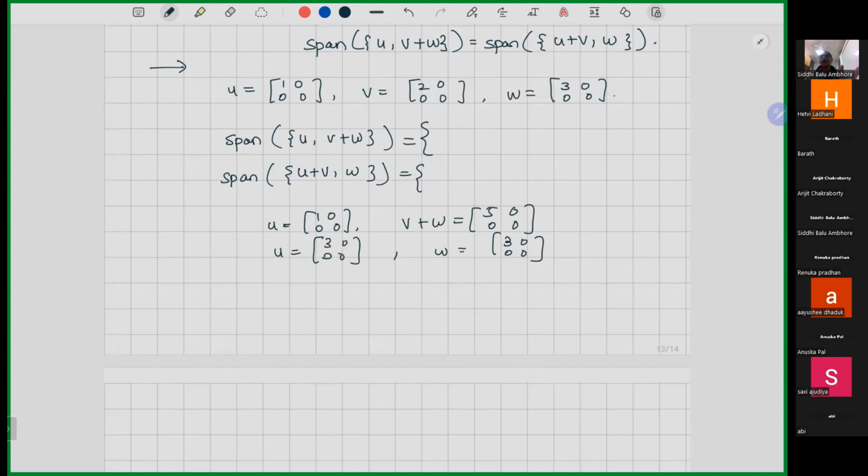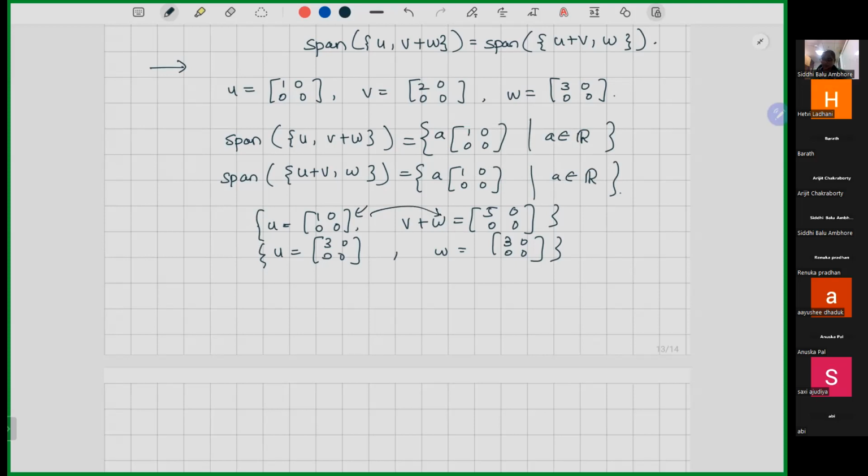Okay, and we are in R. So the span of these elements and the span of this element is just this set, 1000 into A such that A in R, or for this also, because u directly we have this element, and this element belongs to the span of u, so we are through.